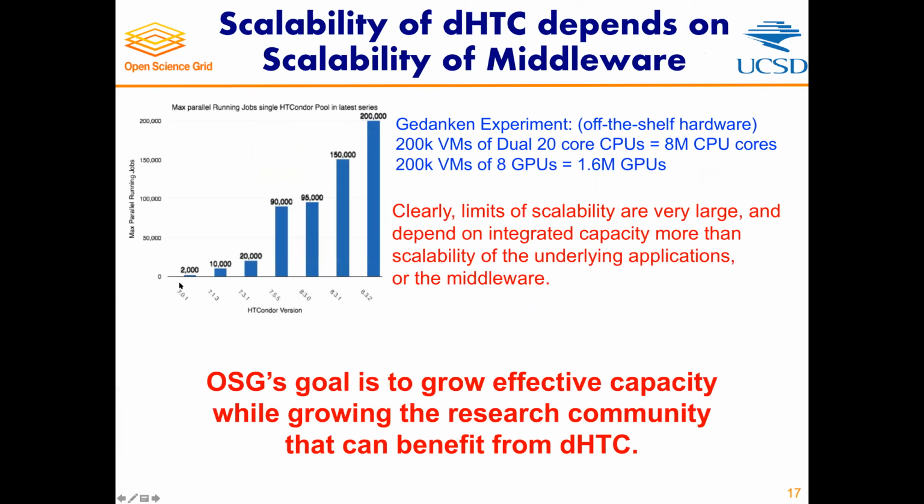And you can see that I think this spans roughly a 10-year horizon, maybe even a 15-year timeline. I'm not 100% sure anymore. And the scalability of the most recent version is 200,000 startds effectively in a single Condor pool. Now, what does that mean? What's that question?